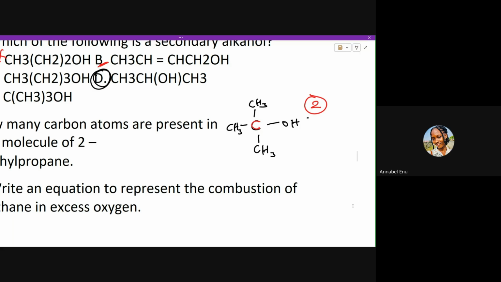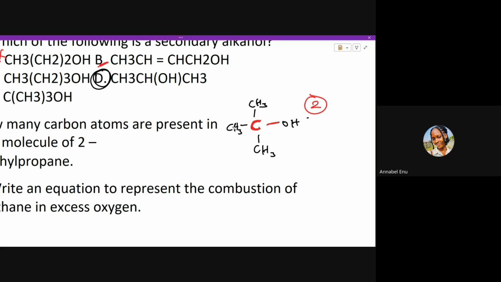Okay, now when we look at this carbon, this is the carbon we are considering, right? This carbon that is in red. And there are 4 bonds surrounding it. We said one of the bonds is the OH group. Okay, good. The second bond, okay.